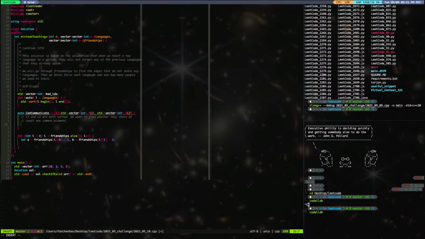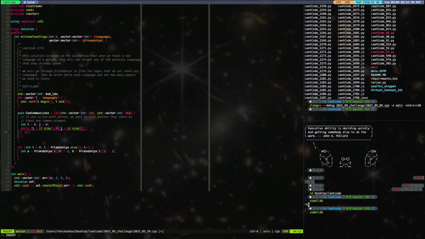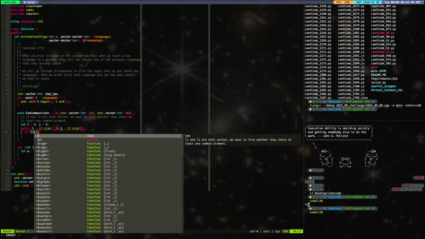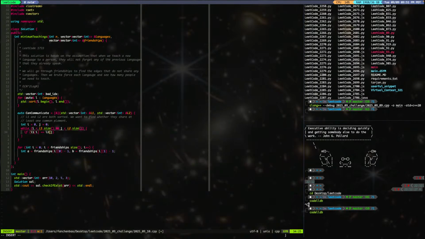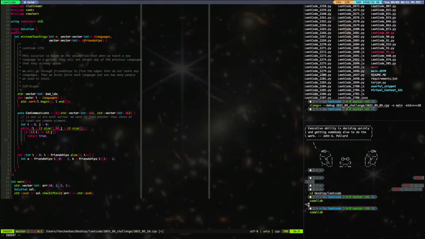So basically it's two pointers, right? So we say int i = 0, j = 0. While i is smaller than L1.size() and j is smaller than L2.size(): if L1[i] equals L2[j], we return true.